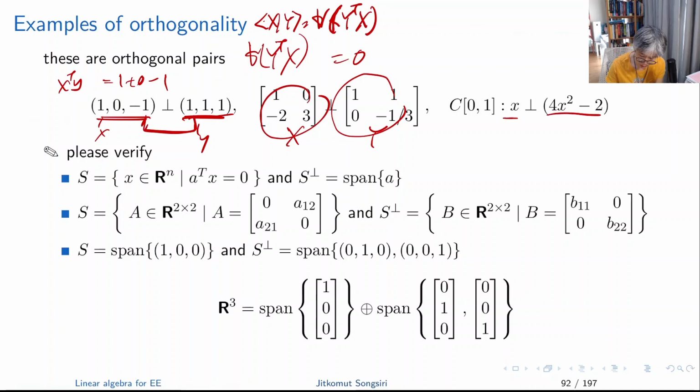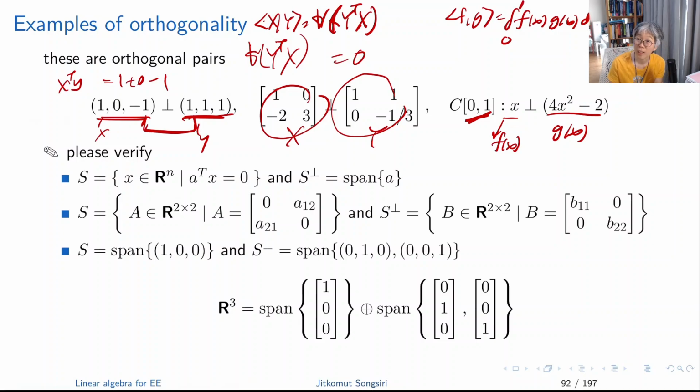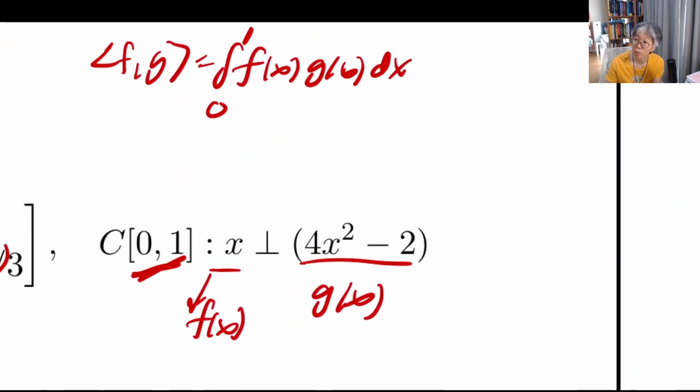In this example, we have the space of continuous functions on the interval 0 to 1. Suppose this is f(x), this is g(x). Now, if we use the typical inner product again, that is the integral of f(x) g(x) dx from 0 to 1. Okay, can we move?